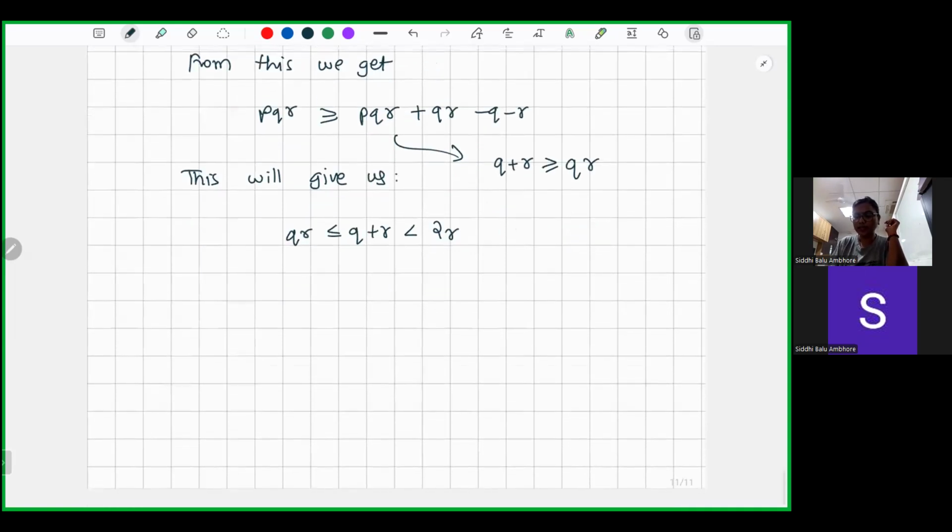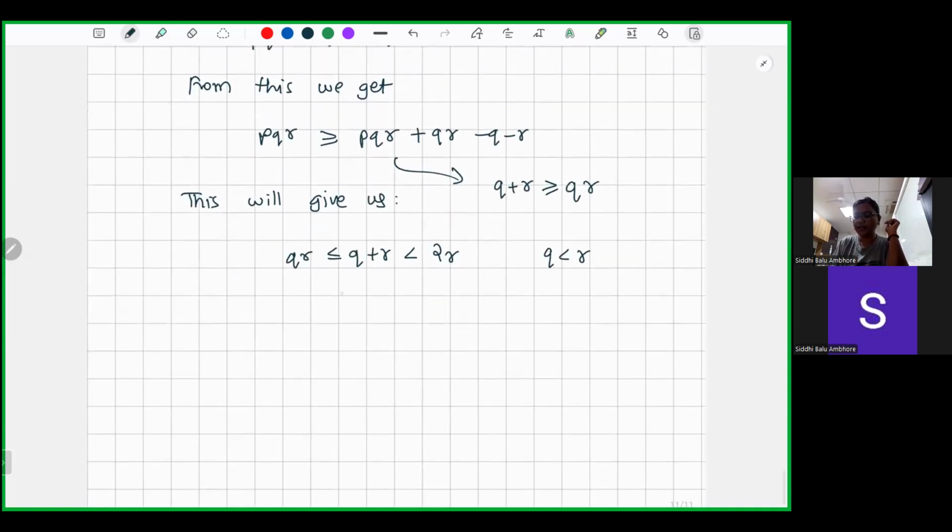So I am writing this here, but since Q is strictly less than R, I get QR less than or equal to Q plus R, strictly less than 2R.